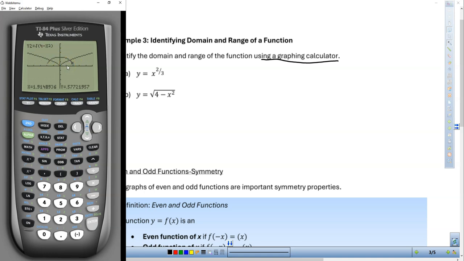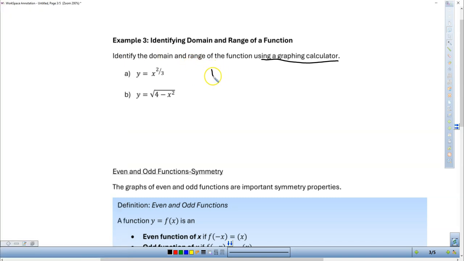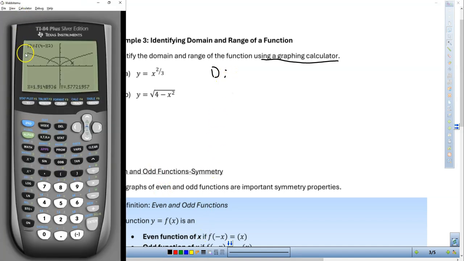So when we start saying, okay, what actually is the domain and range here? Going to this first function, if we wanted to figure out the domain, it's pretty easy to look at. We saw how the graph looks like it's traversing every value, so our domain is pretty simple.